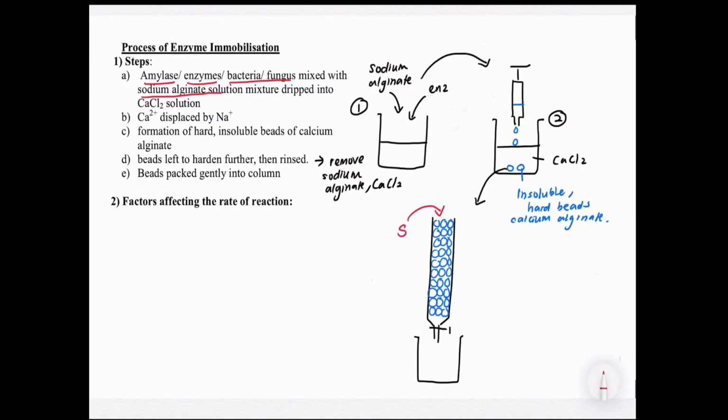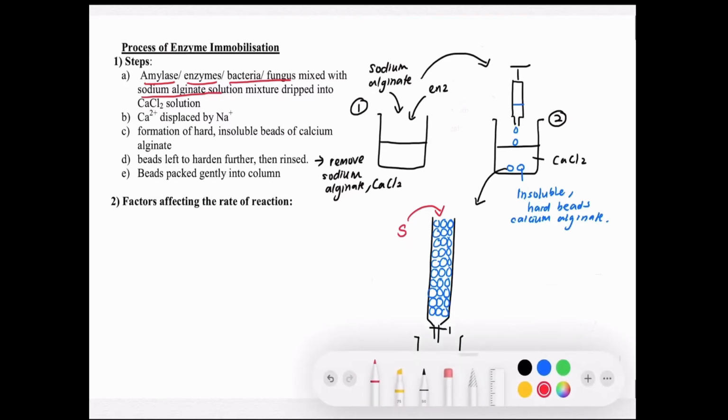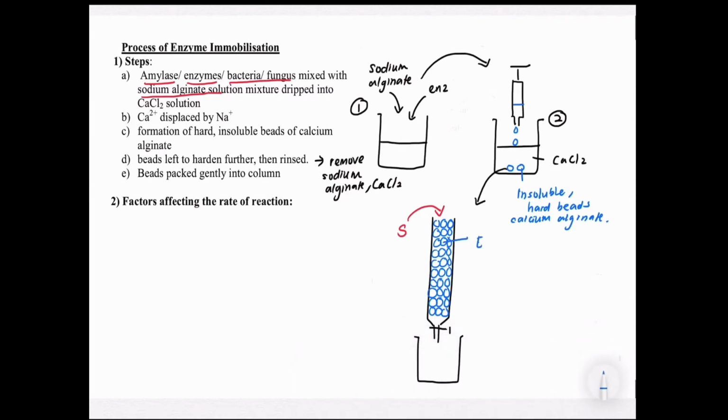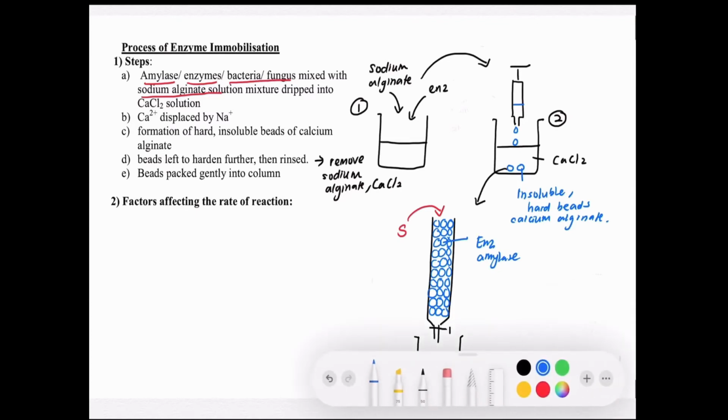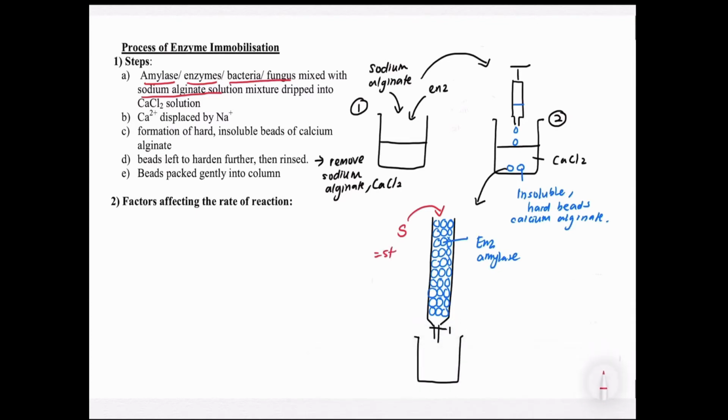For example, if I'm going to use the enzyme amylase that is trapped within the beads, my substrate will most likely be starch. So what do I expect to get?